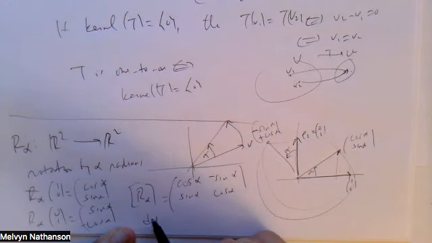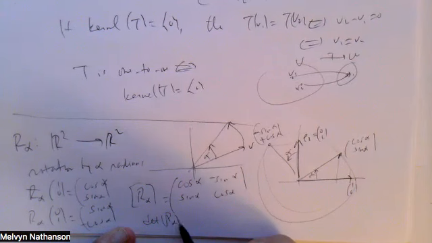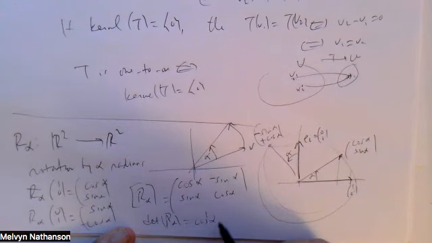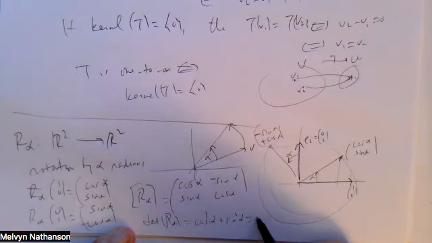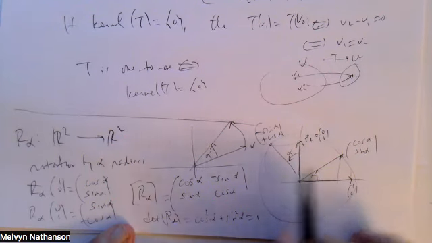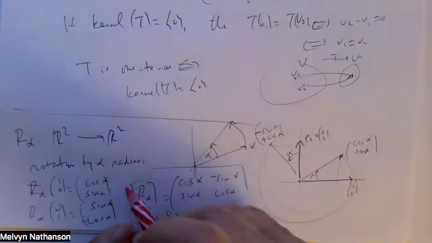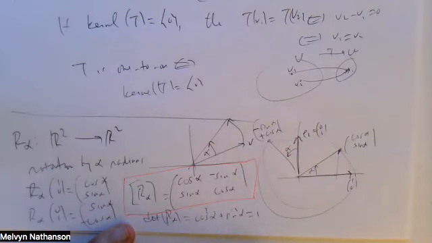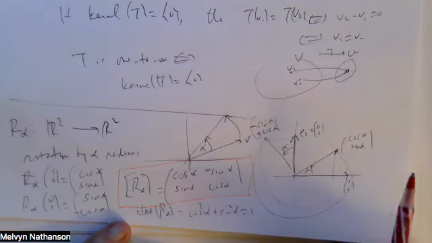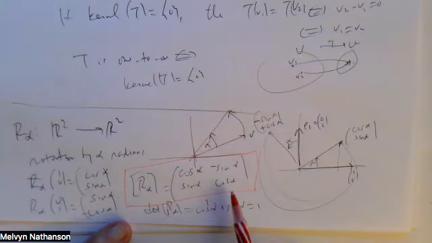And the determinant of this matrix is cosine squared alpha plus sine squared alpha equals 1. So if you have rotation by alpha radians around the unit circle, that's a linear transformation with this matrix.